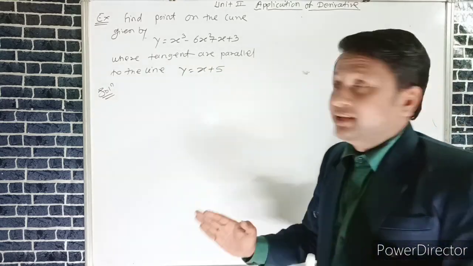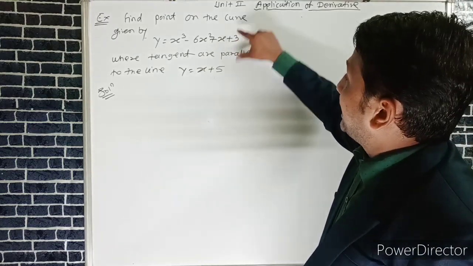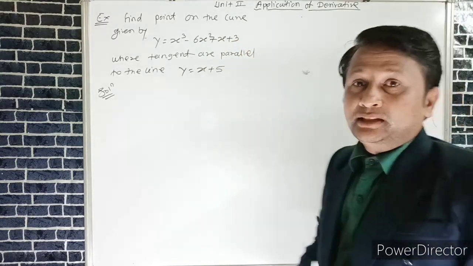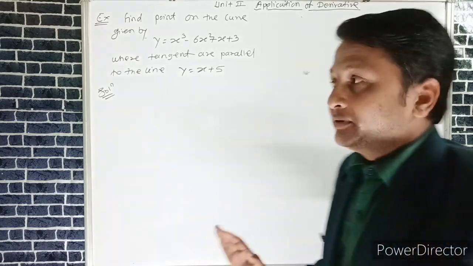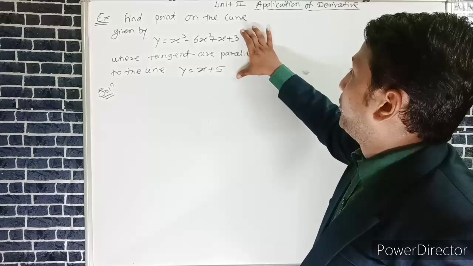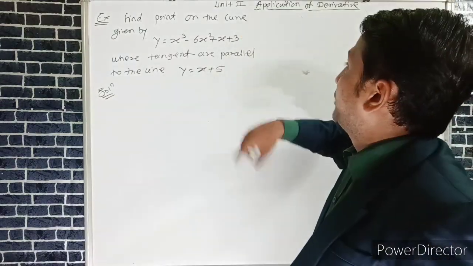It means that if the given line and the tangent are parallel to each other, then their slopes are equal.